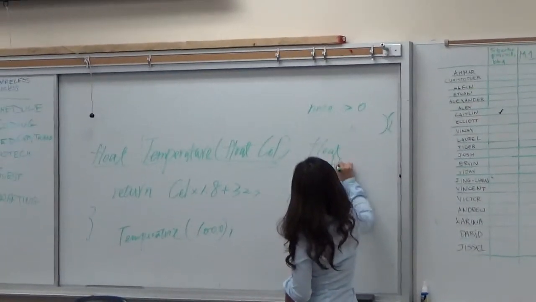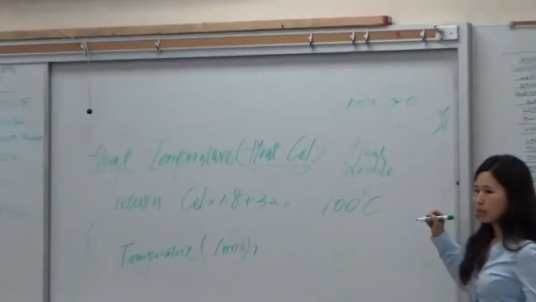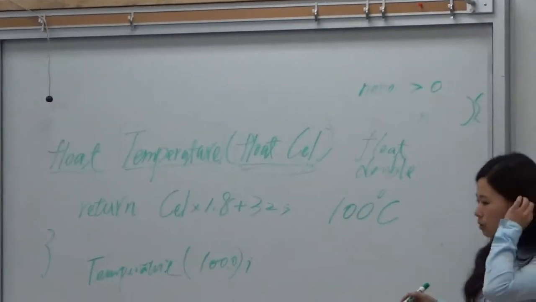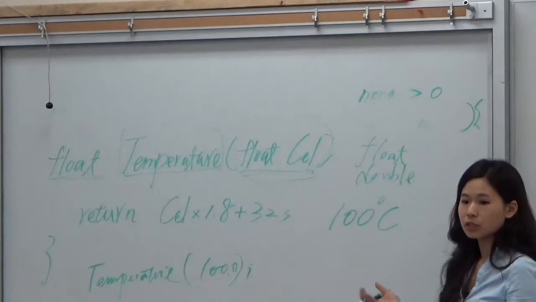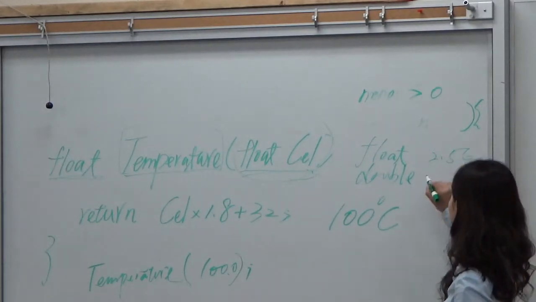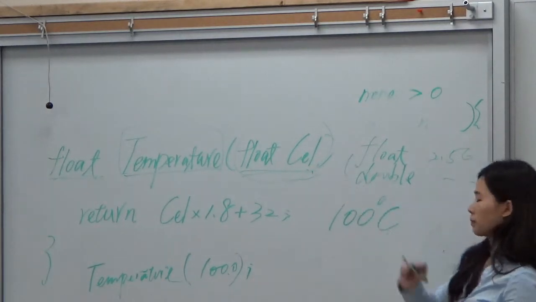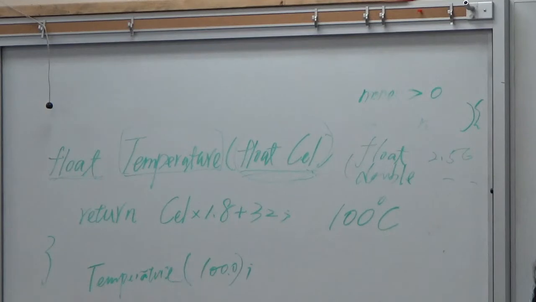Does anyone know the difference between float and double?